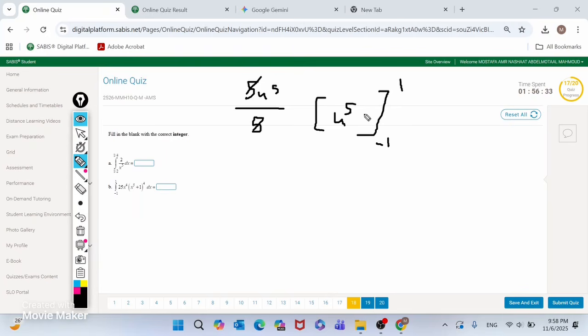So you do u to the power of 5 from -1 to 1, so upper limit minus lower limit. Well, x is -1, okay?